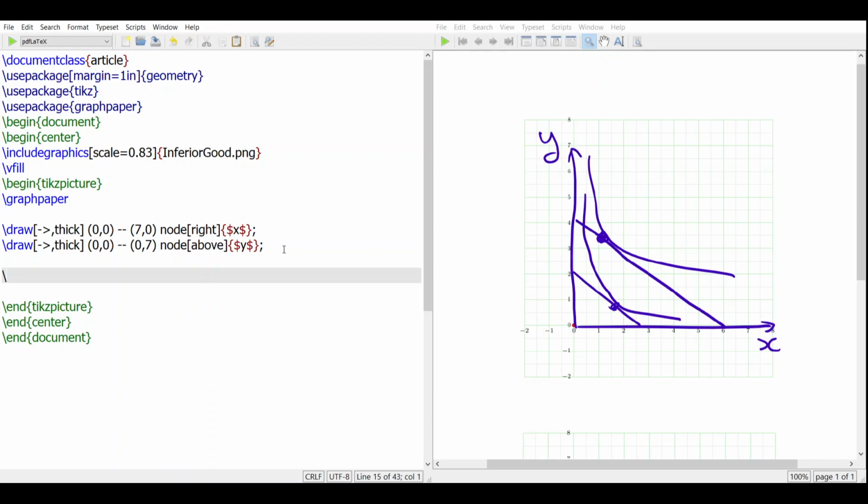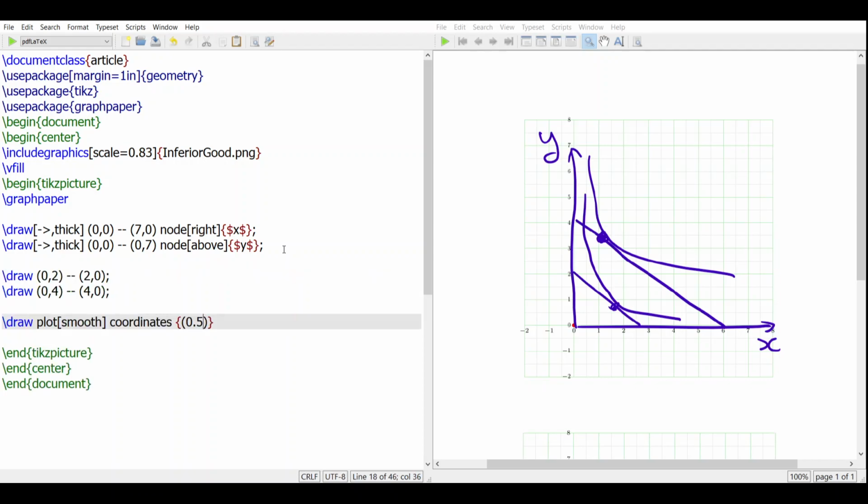So we will be like 0.5, 5, and then say 1.7, 0.3, and then we have 2, 0.1, and let's see what this gives. Oh, I forgot the semicolon, so it will complain, but let's compile again.